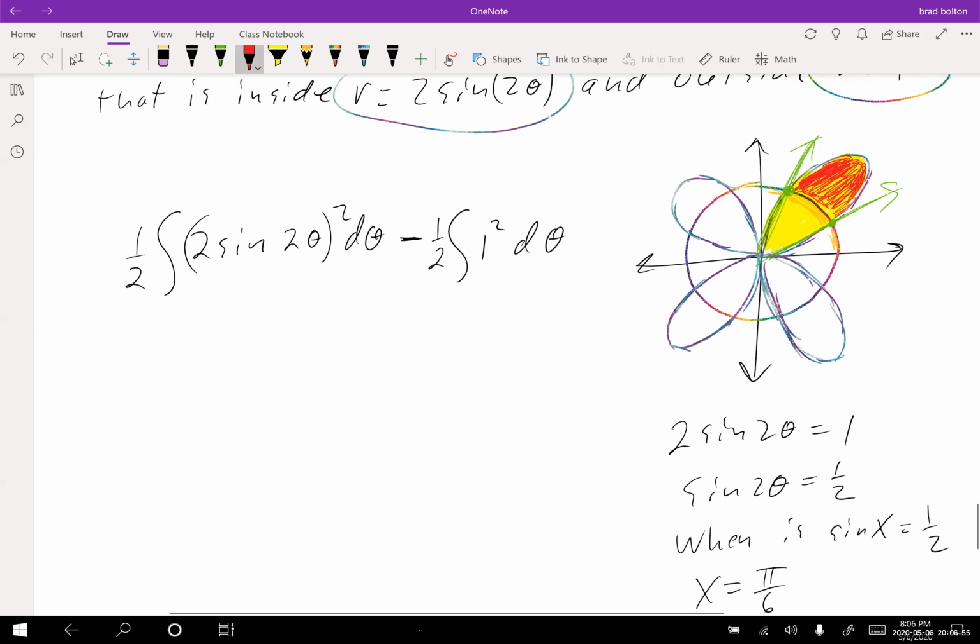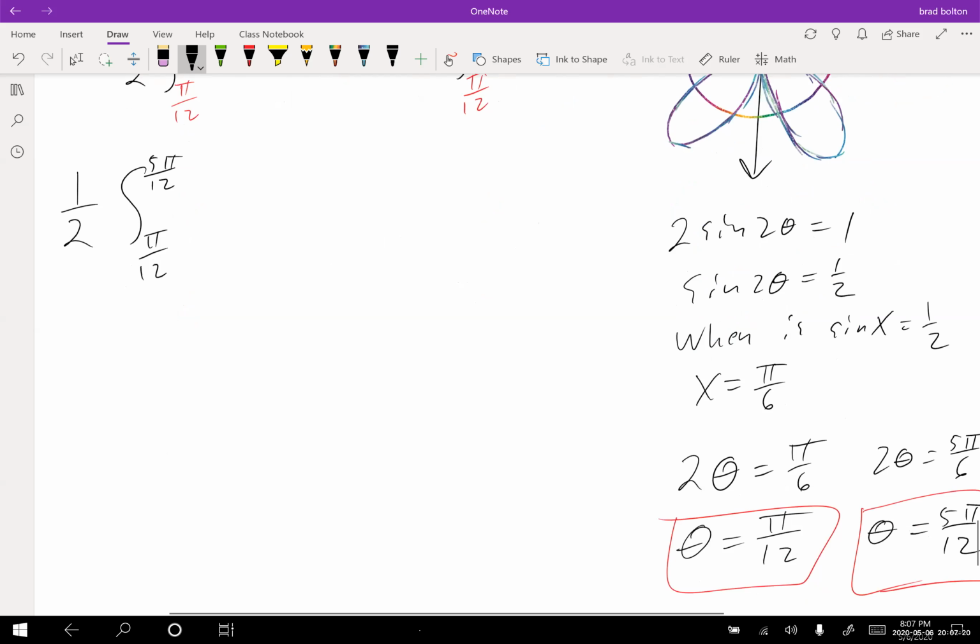So I can come up here and say pi/12 and 5 pi/12. Now, luckily, these actually are the same limits of integration, so we can do a little bit of cleanup. I'm going to factor out the 1/2, and this is going to be the integral from pi over 12 to 5 pi over 12.